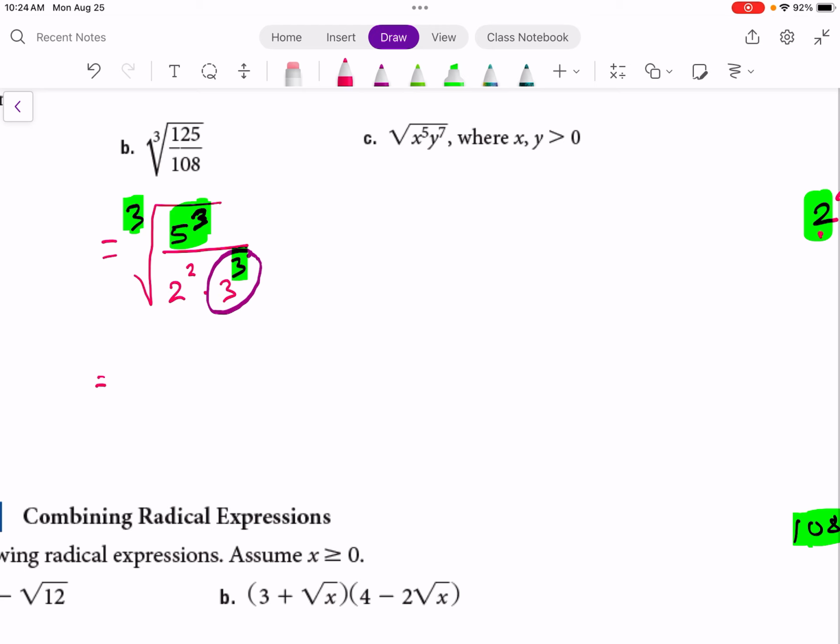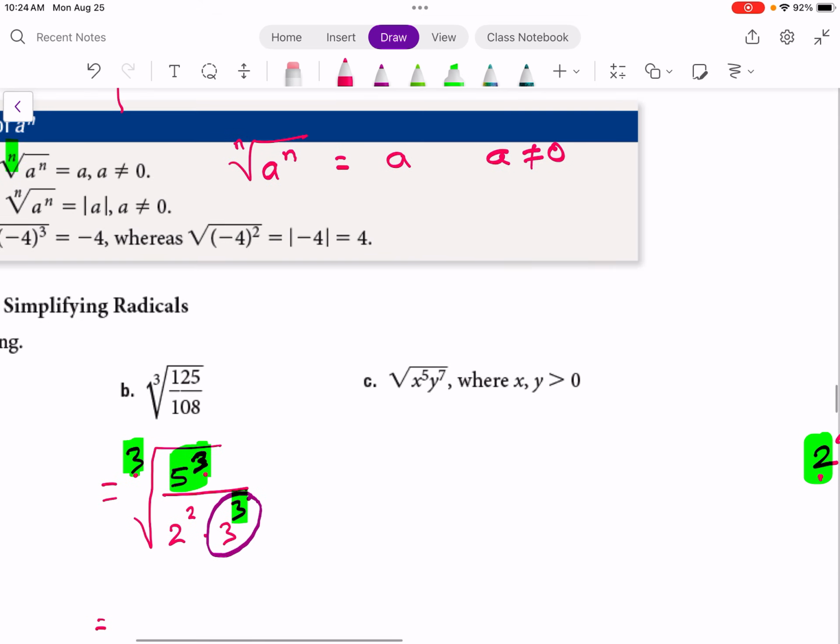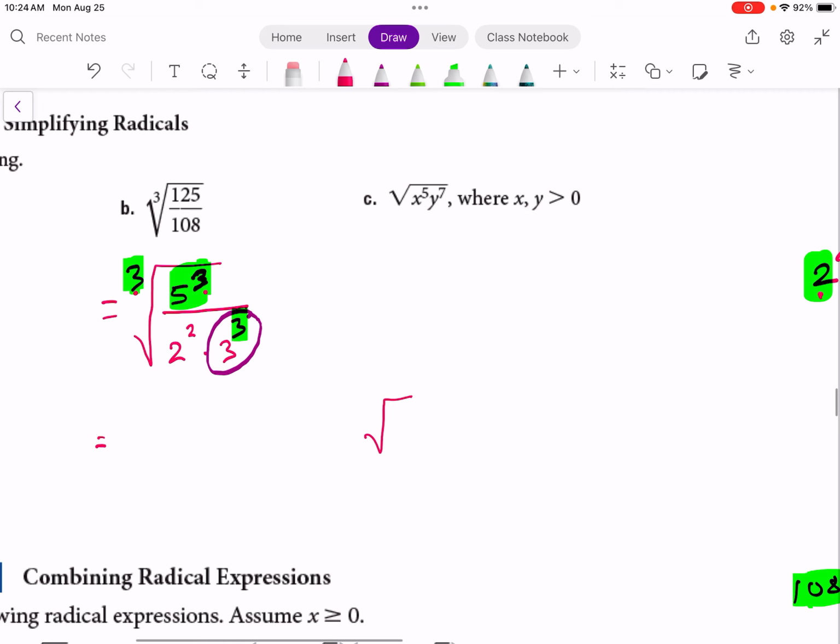And the reason here is the index and the exponent of a radicand is the same. It has to be the same. So on our rule, we had the nth root of a to the power n. Our index is n. The radicand has an exponent n.